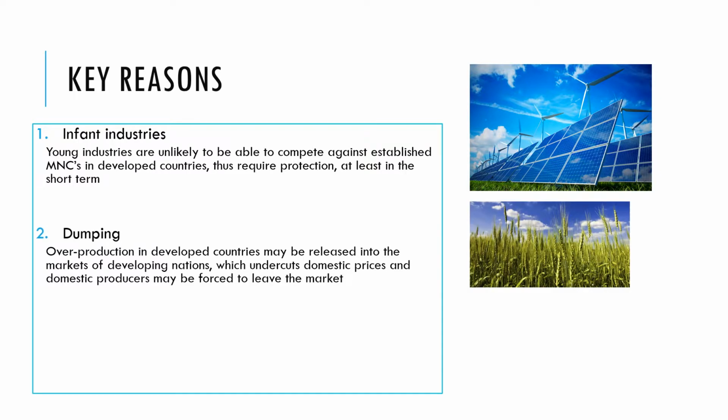The second one we mentioned was to prevent dumping. Now, dumping occurs when countries release or dump excess supply of products into another market. So for example, agriculture is quite a common example. Let's say that Australia had a bumper crop of wheat and they have lots of excess supply.